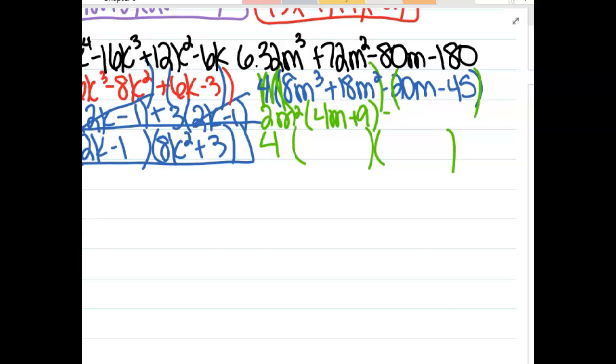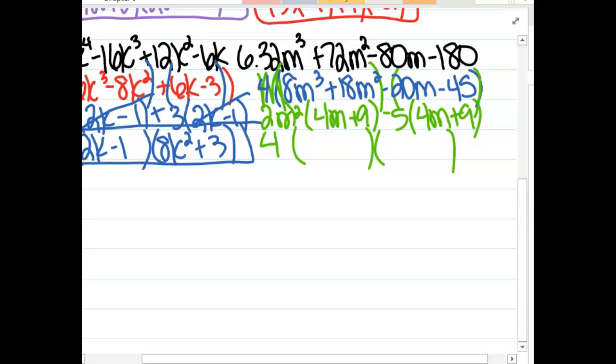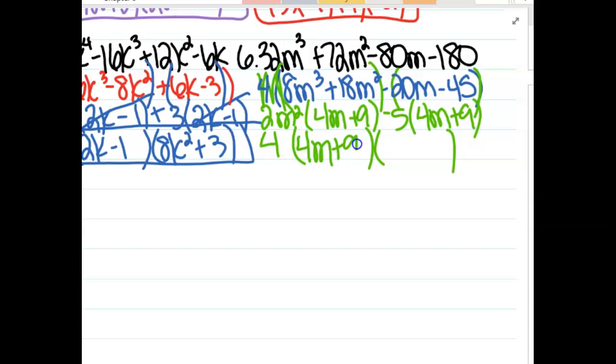What do 20m and 45 have in common? A 5, but I'm not factoring out 5, I'm factoring out a negative 5. So we are going to get 4m plus 9. And notice, both of these have a 4m plus 9 in common. Left with 2m squared minus 5.